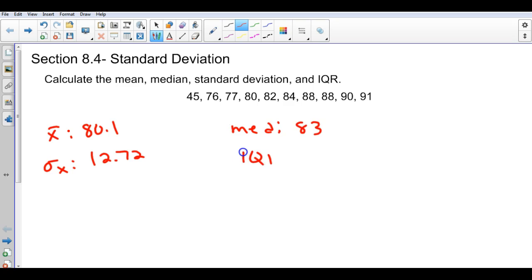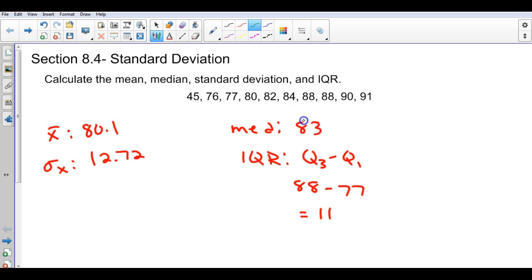And then I'm going to calculate the IQR right away by taking Q3 minus Q1. So I'm going to take 88 minus 77, which means that my interquartile range is 11. So we would say that the X bar right here, your mean value, would be the calculated average, and 12.72 is the standard deviation, which means each data point on average is 12.72 units away from the mean value.